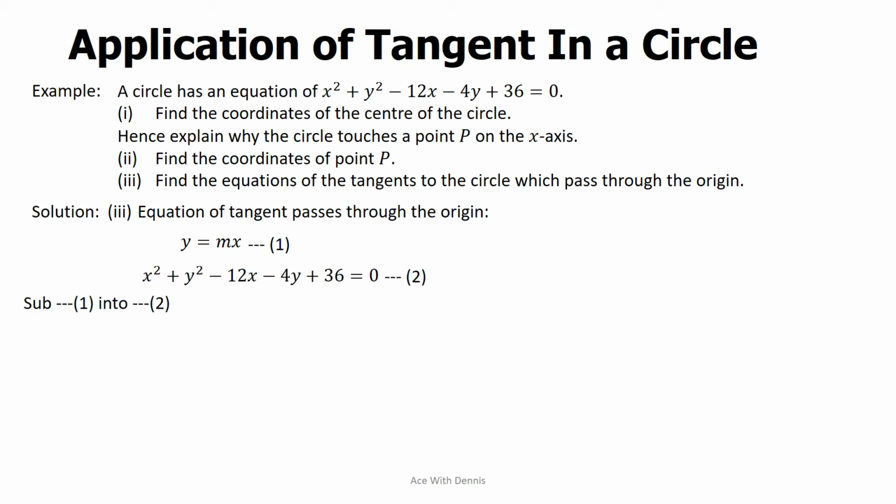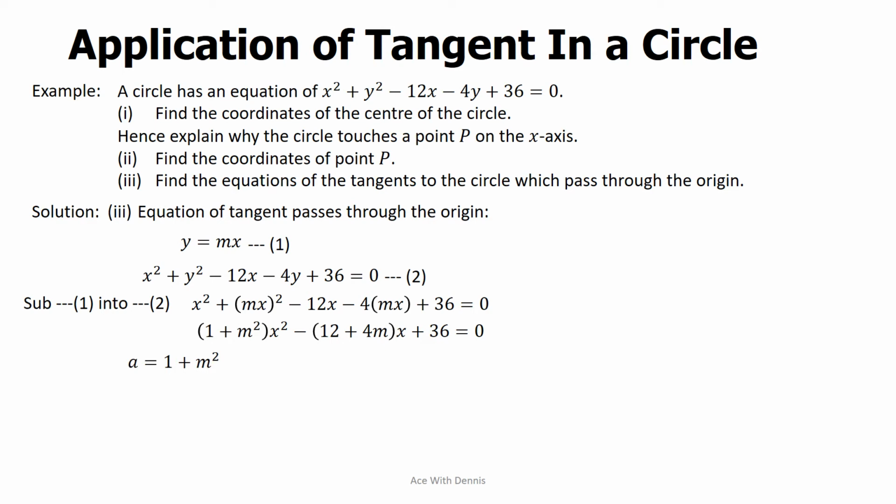We can substitute the first equation into the second equation, which will become x² + (mx)² - 12x - 4mx + 36 = 0. So we can factorize the x², which becomes (1 + m²)x², and also factorize the x, it becomes -(12 + 4m)x + 36 = 0. From here, the a is 1 + m², the b is -12 - 4m, and the c is 36.